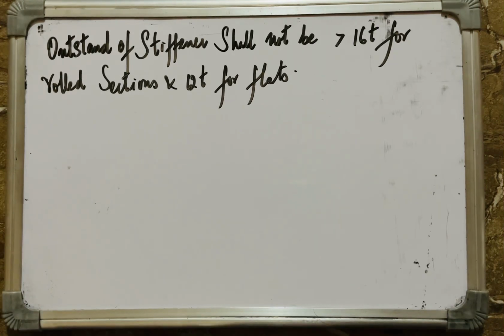All right, where t is the thickness of the section. So outstand of the stiffener shall not be greater than 16t for rolled sections and shall not be greater than 12t for flats, where t is the thickness of section or flat.